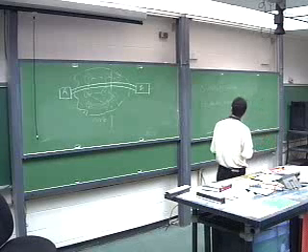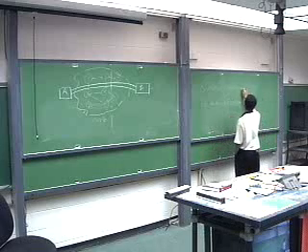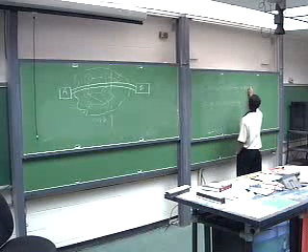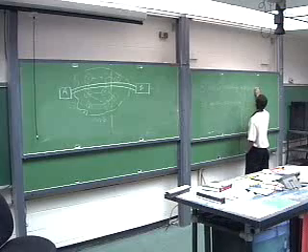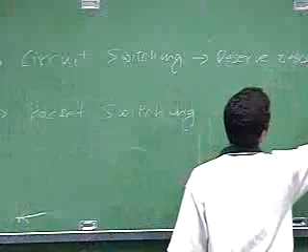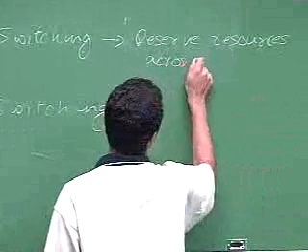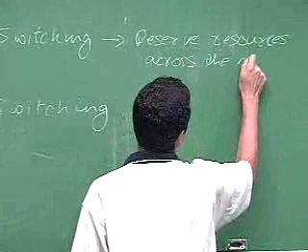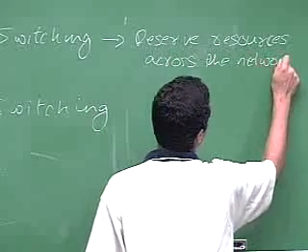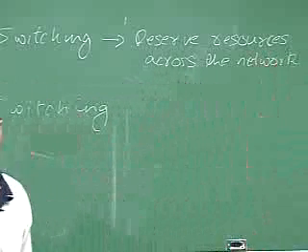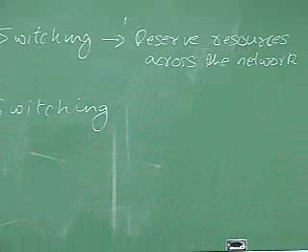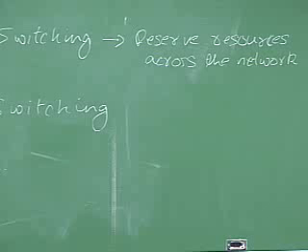So in a circuit switched network, you reserve resources. In a packet switch network, no resources are reserved.